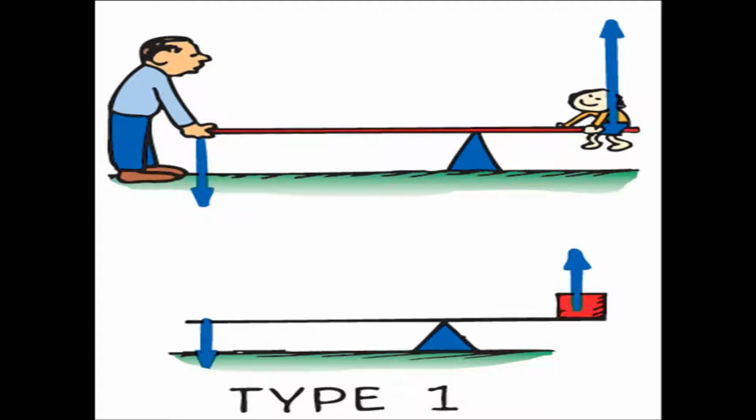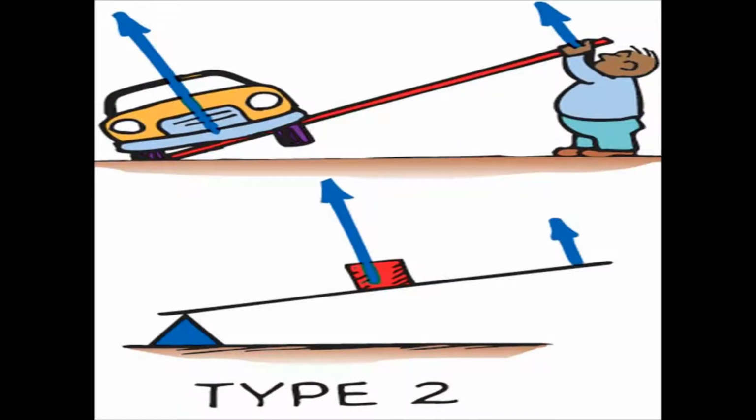Even though they don't draw them consistently, with the man and his daughter, the applied force or the input force is the man, and the daughter is being pushed up. It's not really drawn well, but anyway, type 1 is the position of the fulcrum.